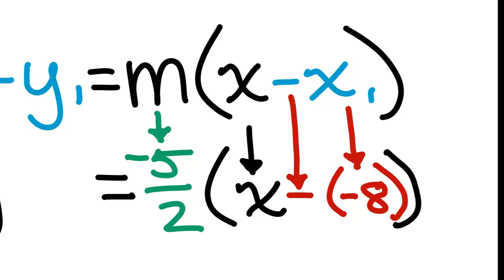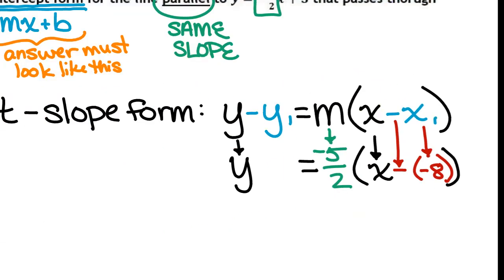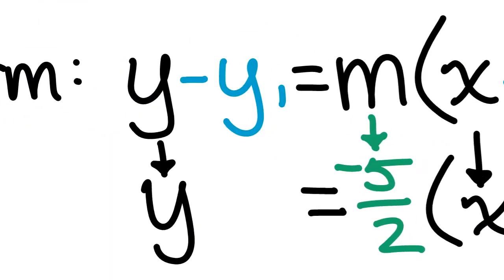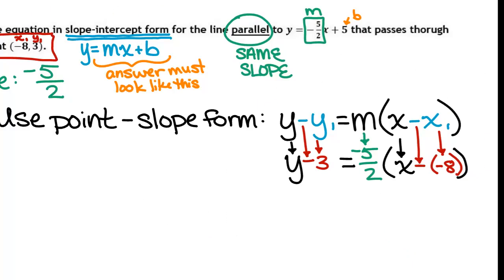The minus has to come straight down from the parentheses here, and then x1 is negative 8. And then over here I need to put y1 in this spot. What is y1? 3. So down here we have minus 3. Again, the minus comes straight down from my formula. So far, so good?